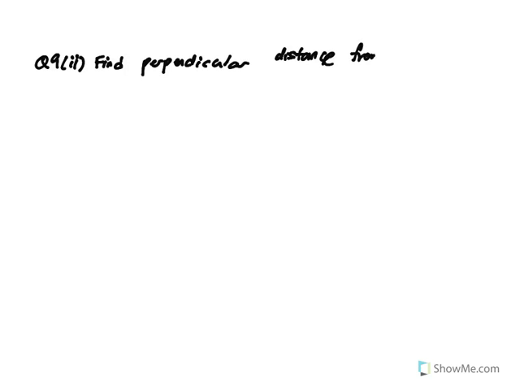This is part 1. Part 2 I don't show. Okay, part 3. Let me recap first. You all remember part 2? In part 2, we need to find the perpendicular distance from P to P2.